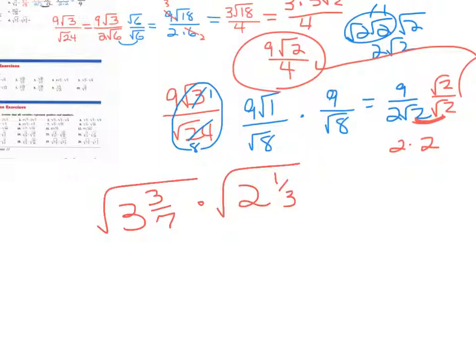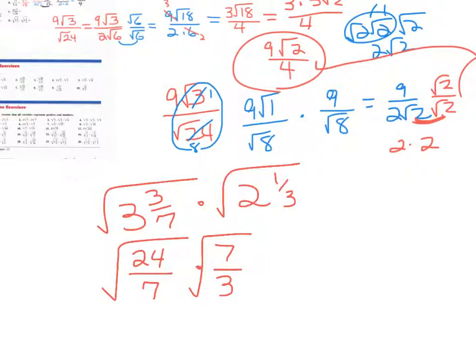So I'm going to make both of my fractions improper. So for the first one, 7 times 3 is 21 plus 3 is 24. So I'm going to turn this one into 24 over 7. Then the second one, 3 times 2 is 6 plus 1 is 7. And I get 7 over 3.